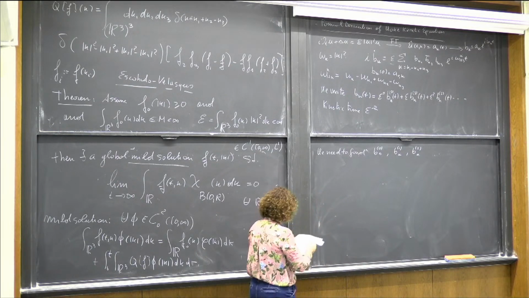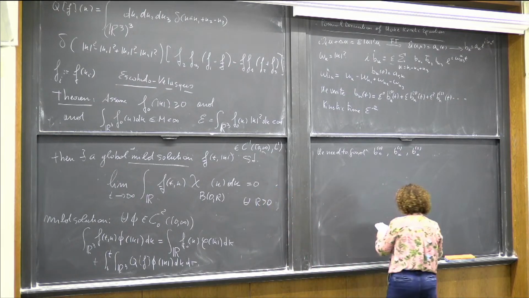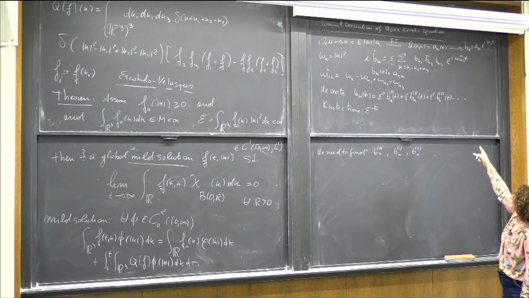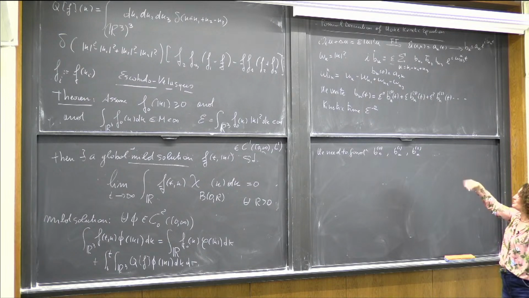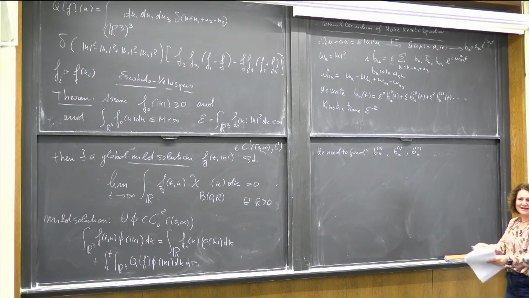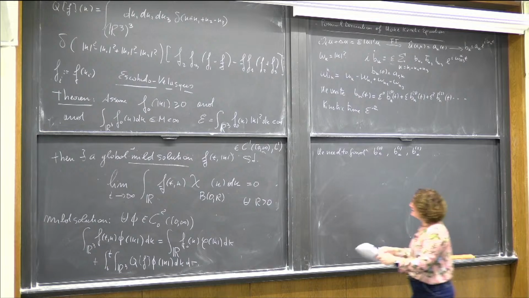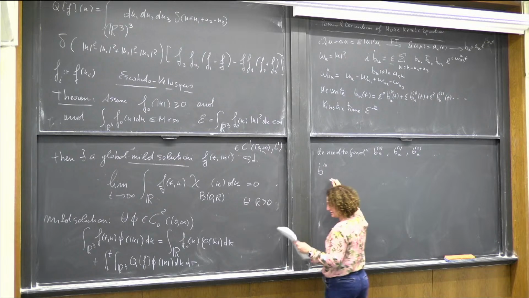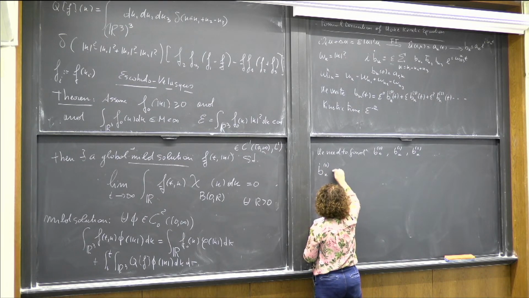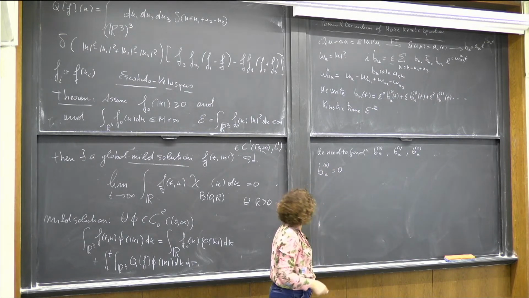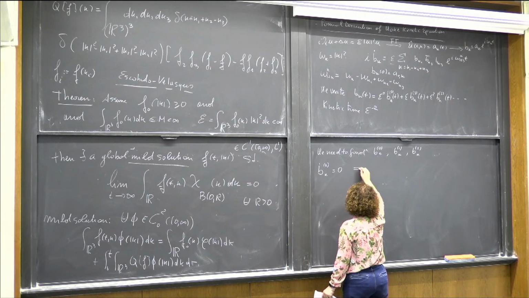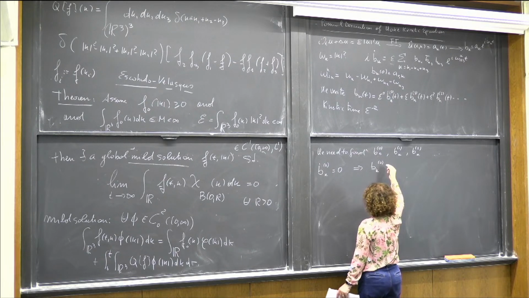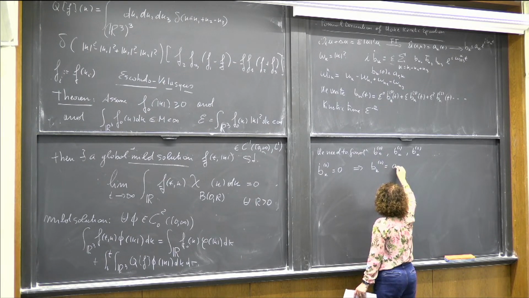It's pretty simple to do this argument. How do you find those coefficients? Well, you plug back into the equation, and then you match the terms that have the same exponent. So for example, you get b dot 0_k to be 0 from doing this matching, which then tells us the only possibility is that b_k^0 is a constant, and in fact it is the initial data.